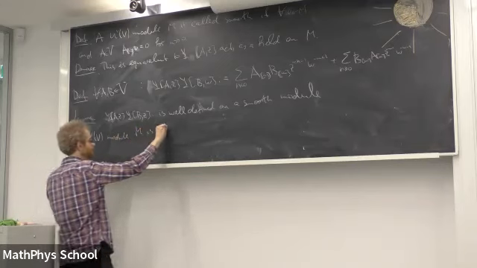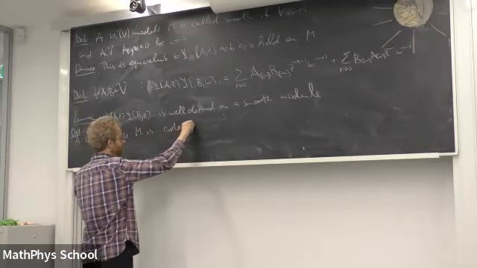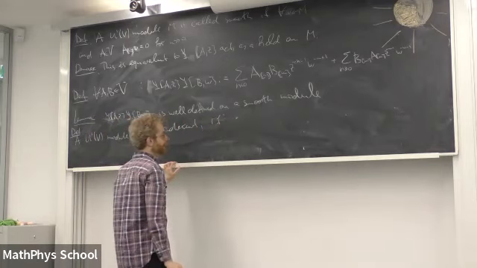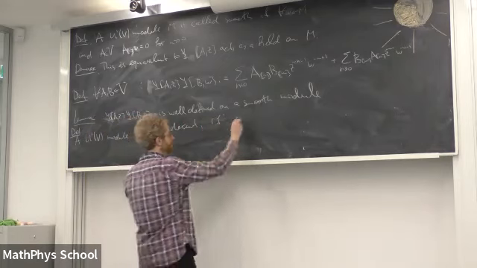M is called coherent if, first, M is smooth.